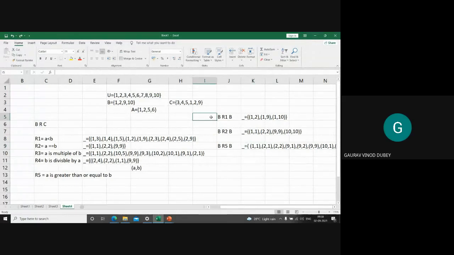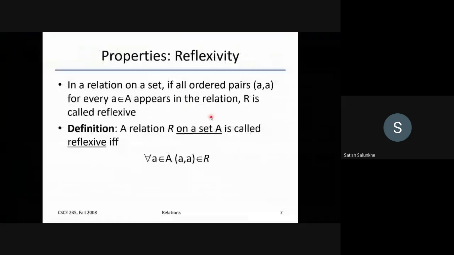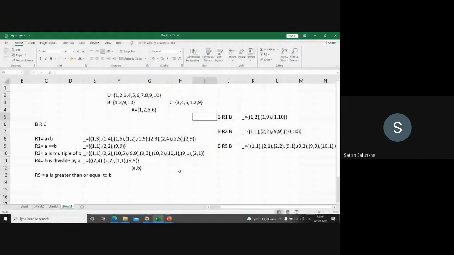No. Why no? When you say no, how to justify the answer? At least one counterexample you need to give. What is the meaning of counterexample? Our definition says for all A belonging to A, (A, A) is also belonging to R. If we do not hold this property, we need to give one example such that this property is not holding.